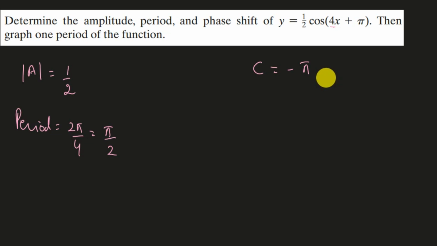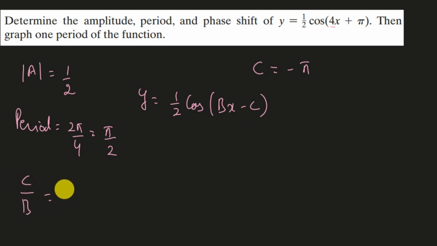You may ask how C is minus pi. If you recall the standard equation, y equals 1 over 2 cosine (bx minus c), right? This was the standard one, and here the phase shift would be C by B. Here C is minus pi, that is why C is minus pi. So phase shift would be C by B, where C is minus pi and B here is 4, so minus pi by 4.